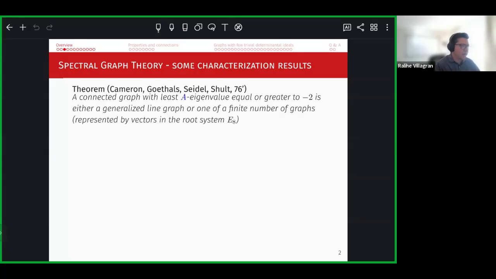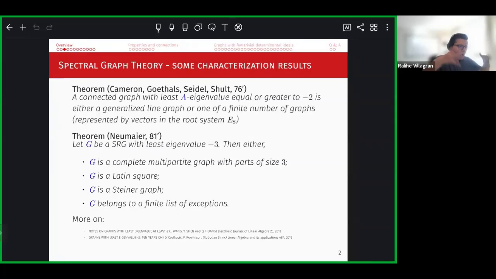If we think about the spectrum of a graph, we can think about graphs whose least eigenvalue is greater than -2 or -3 or a given number. And there are very nice known results about this characterization of graphs.